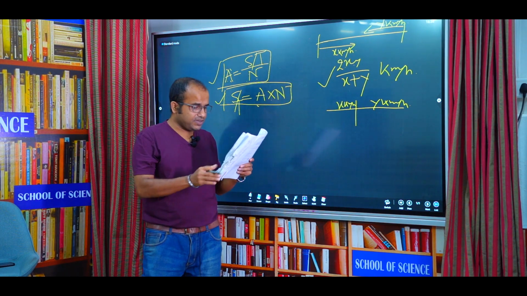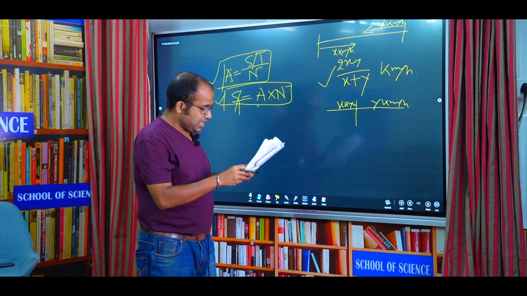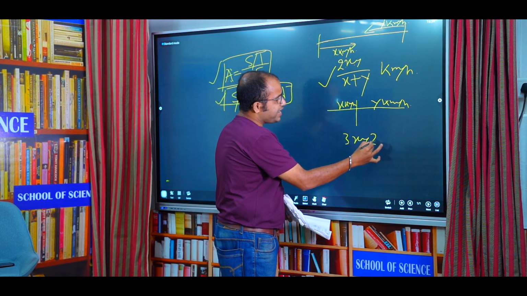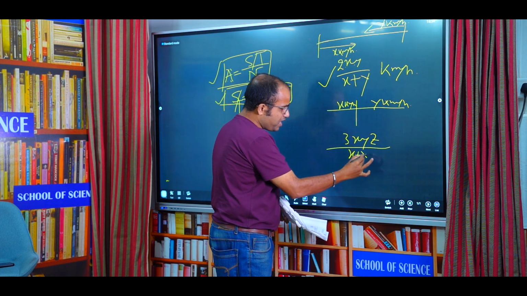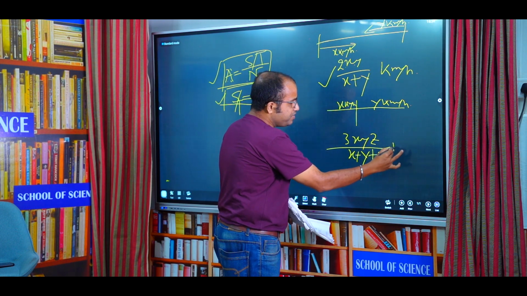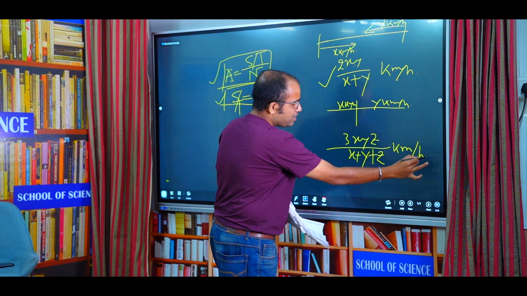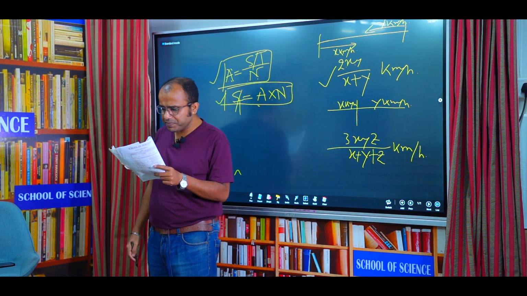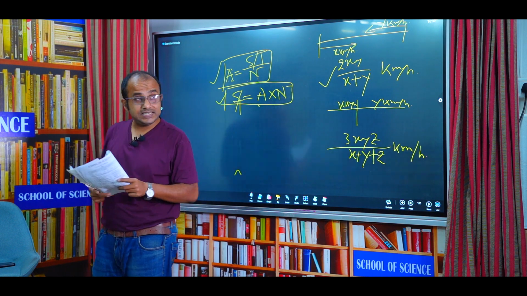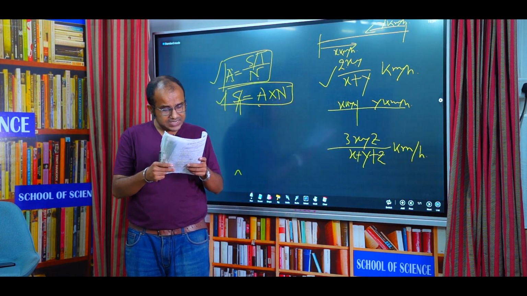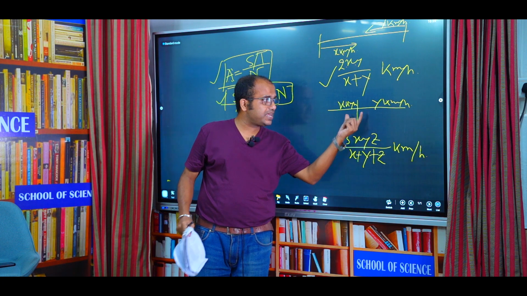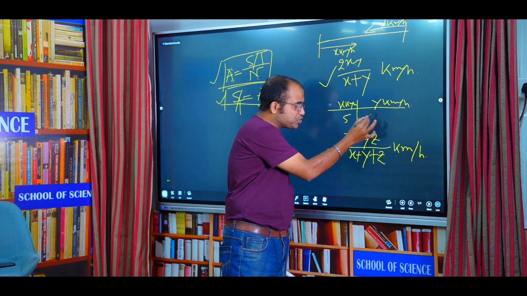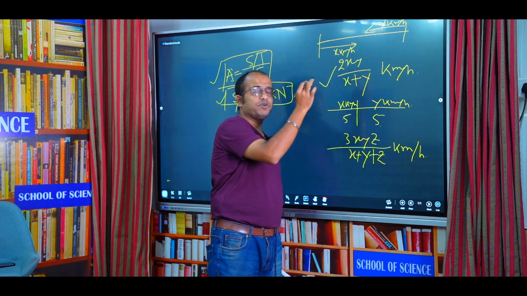Now the next formula, with the same concept: 3xyz divided by x plus y plus z kilometer per hour. This is what I am telling: if a person travels 3 equal distances at speeds of x kilometer per hour, y and z, each part should be an equal share of the journey. If the total is 10 kilometers, half should be 5 and 5. Only in that case is this formula applicable. In going and returning journeys the distance is obviously the same, so the formula is applicable.